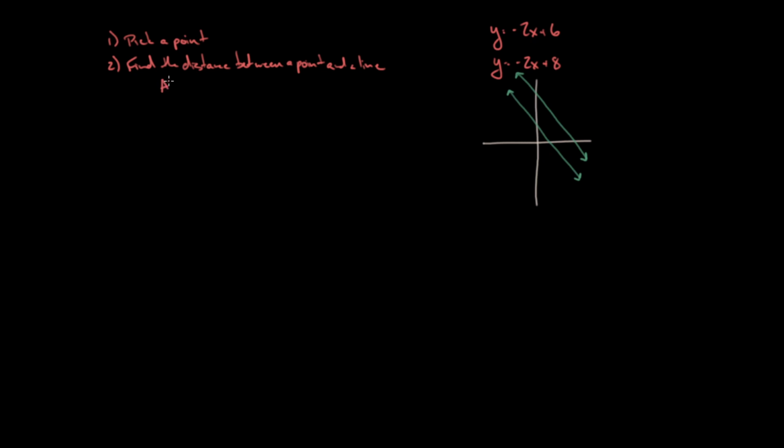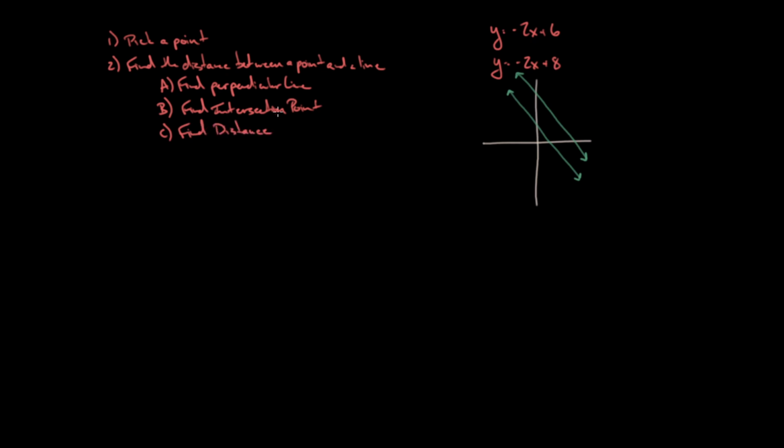So part A, finding this distance, will be find the perpendicular line. Part B will be find intersection point. And then part C will be find the distance using a distance formula.